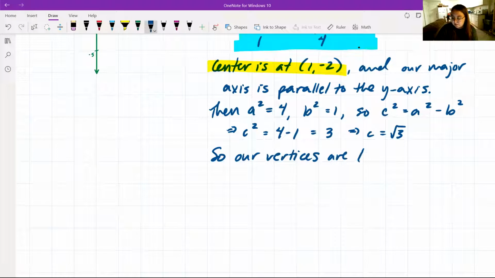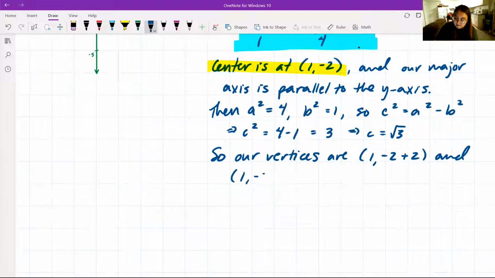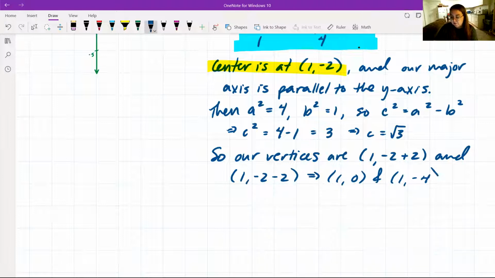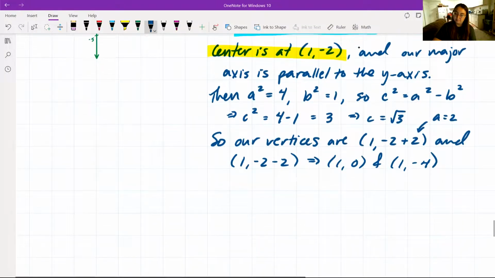Our center was at 1 comma negative 2, so it's going to be 1 comma negative 2 plus 2, and 1 comma negative 2 minus 2, which are going to be 1, 0, and 1, negative 4, since we had that a was equal to 2. So our vertices are going to be 1 comma 0 and 1 comma negative 4.